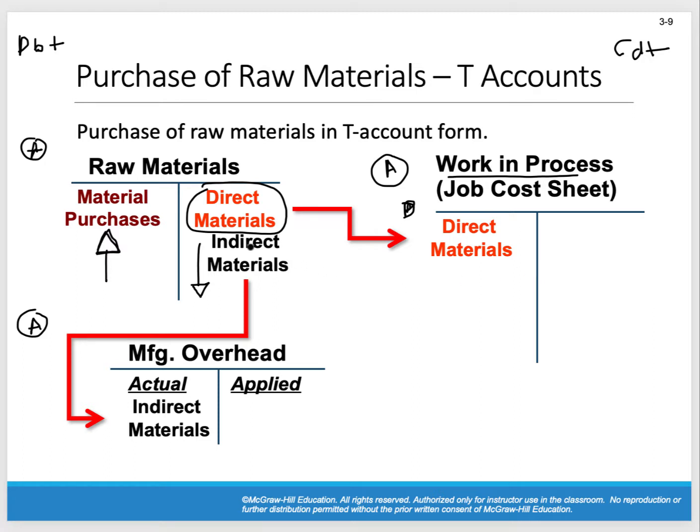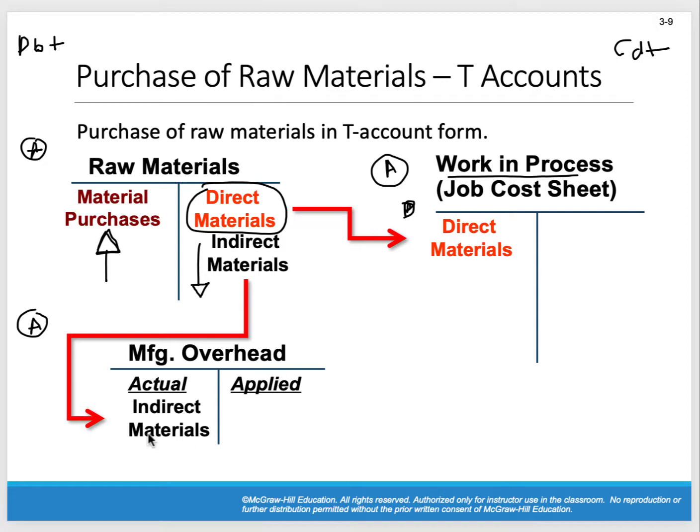How do we get indirect materials out of raw materials and into the manufacturing overhead account? That's simple, easy peasy. We credit raw materials for the amount of the indirect material cost, and we debit the left side of the manufacturing overhead account.